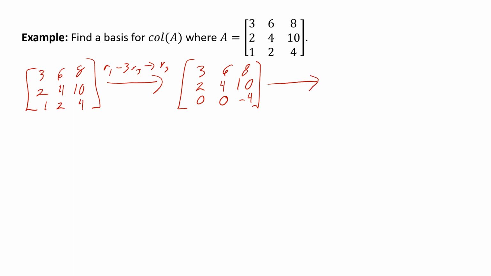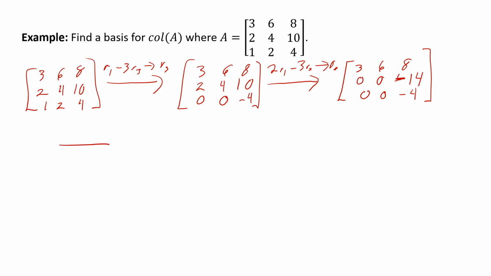Next step, I am going to handle row 2. So 2 row 1 minus 3 row 2 is the new row 2. We get 3, 6, 8, 0, 0, and 24 minus 20, or minus 16 minus 30. 16 minus 30 gives us minus 14, 0, 0, and negative 4.